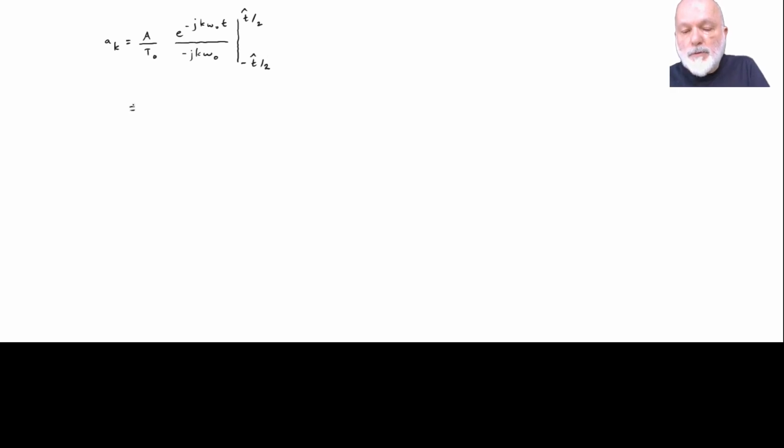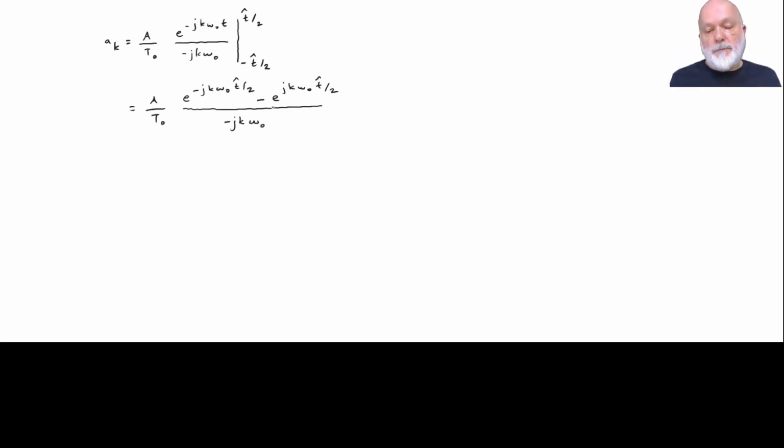So this will be equal to a over t0 times e to minus jk omega 0 t cap over 2 minus e to jk omega 0 t cap over 2, divided by minus jk omega 0.